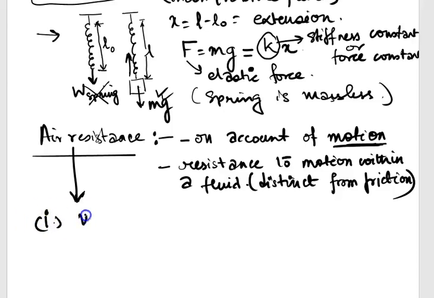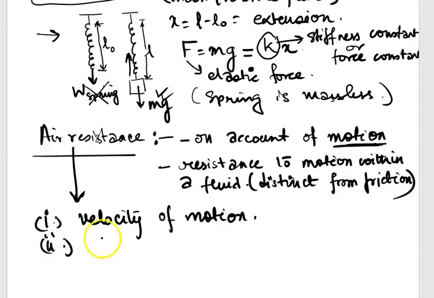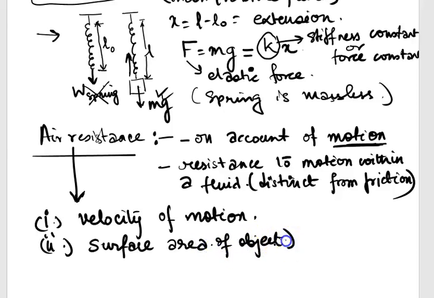First is velocity of motion, and the second is surface area of the object.